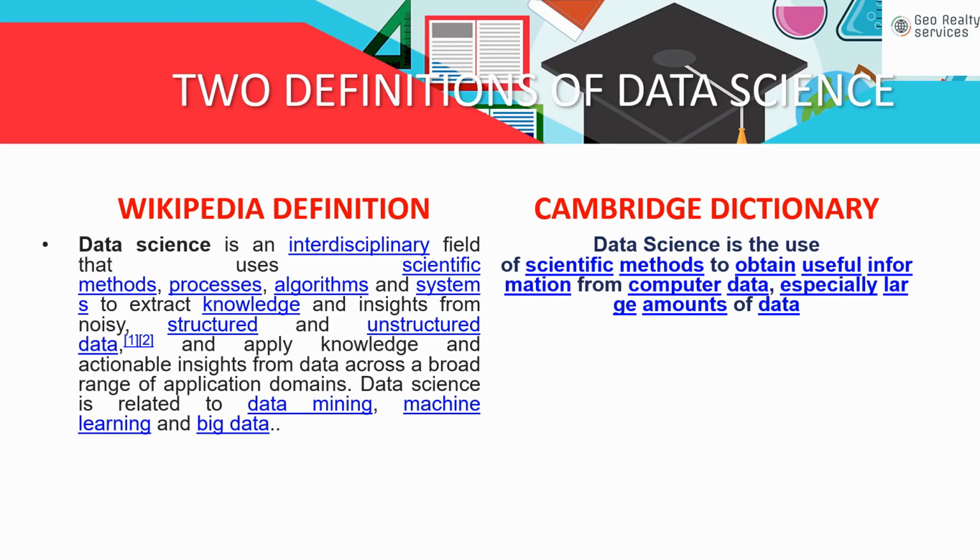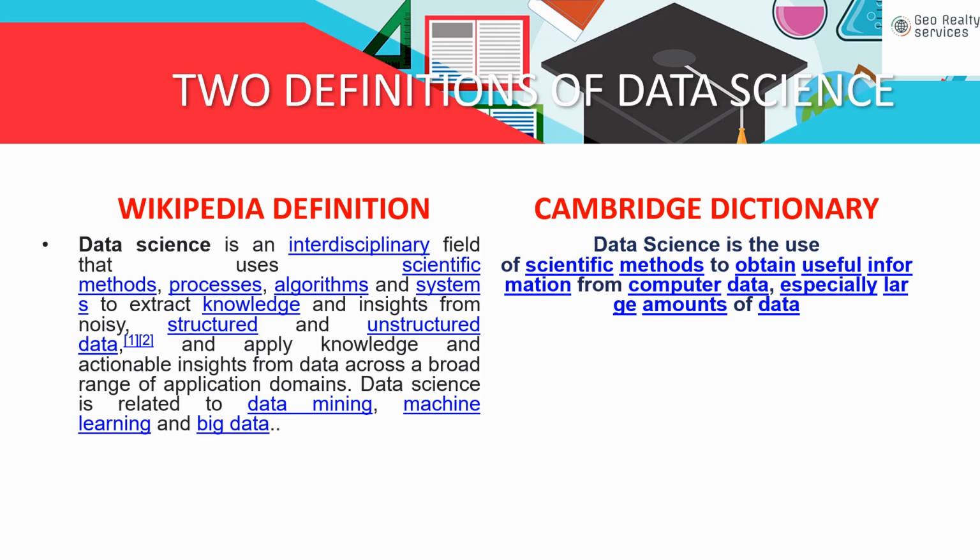According to Wikipedia, data science is an interdisciplinary field that uses scientific methods, processes, algorithms, and systems to extract knowledge and insights from noisy structured and unstructured data, and apply knowledge and actionable insights from data across a broad range of application domains.